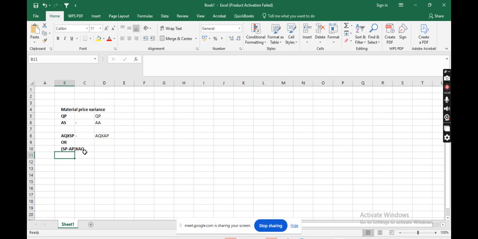So you can use this, or you say, okay, let me simplify it. What is common here is AQ. Bring AQ outside and say standard price minus actual price.